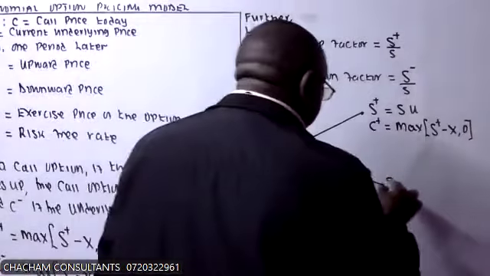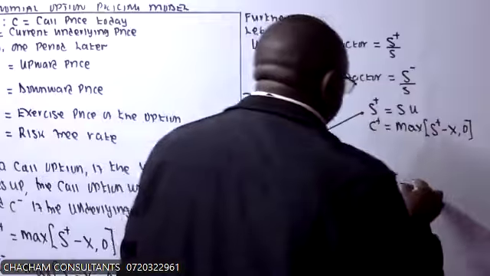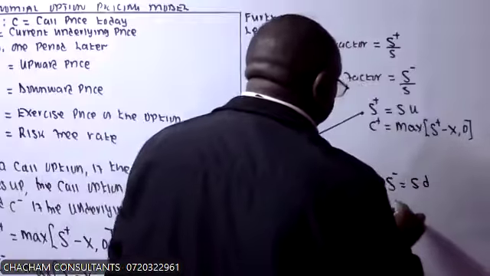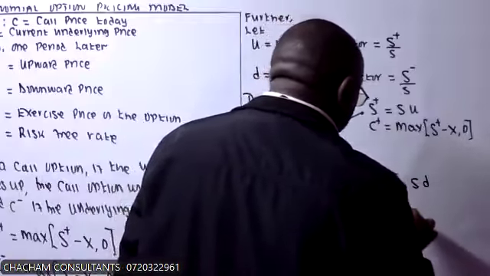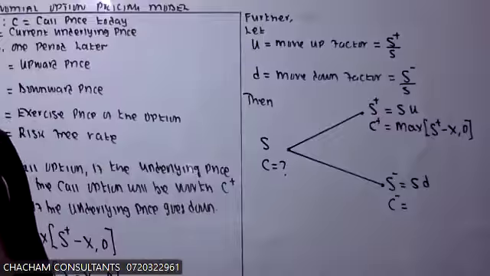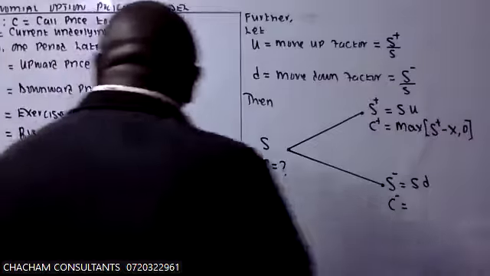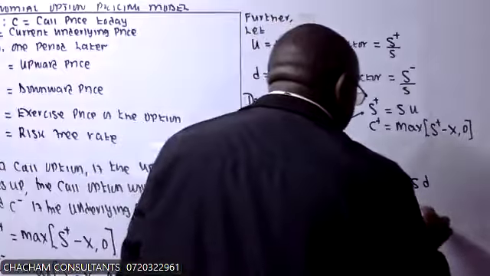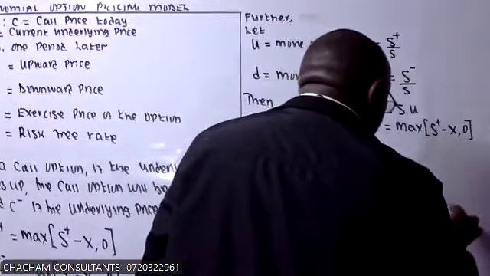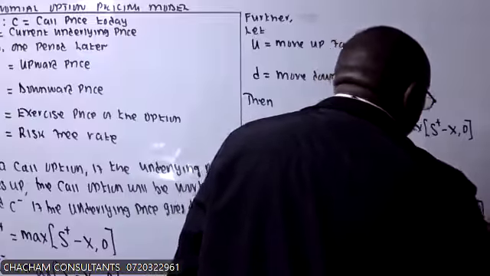Then S negative will be SD, and C minus is what we have said here: the max of S negative minus X, 0.